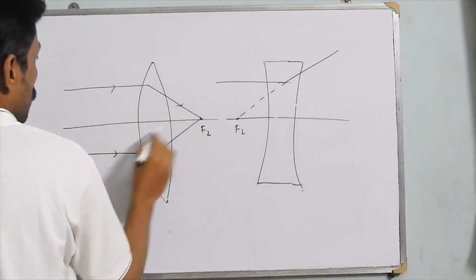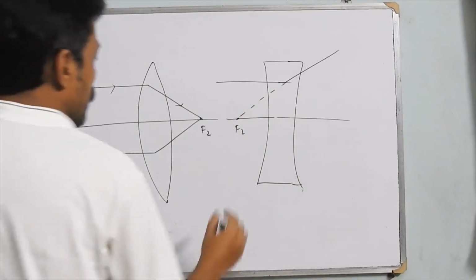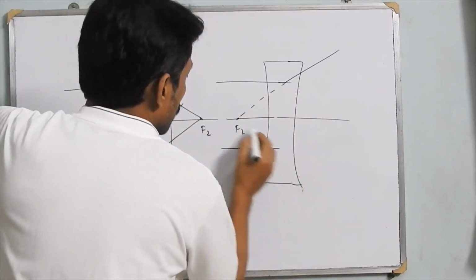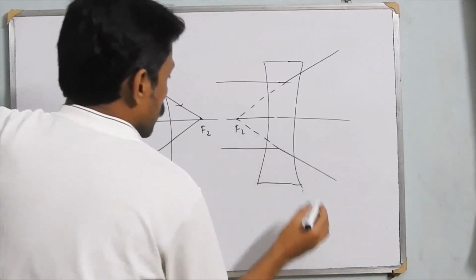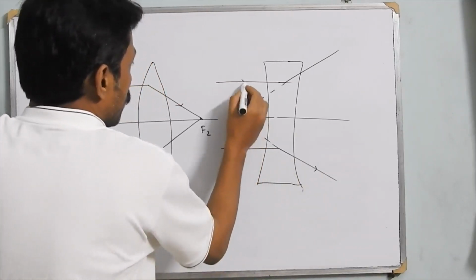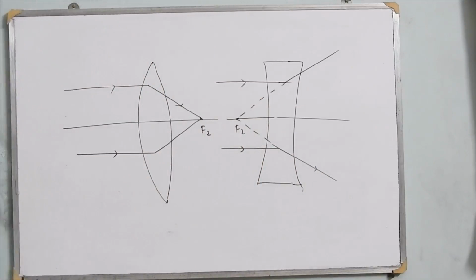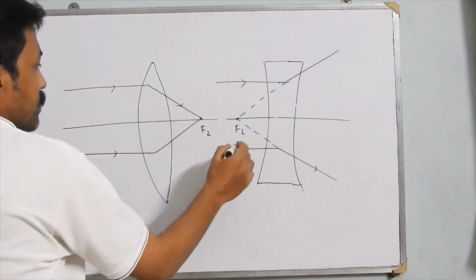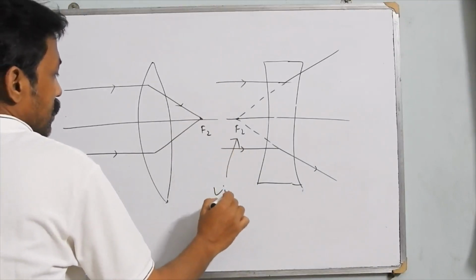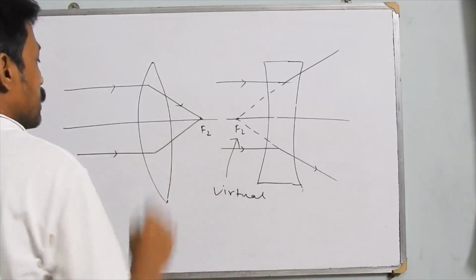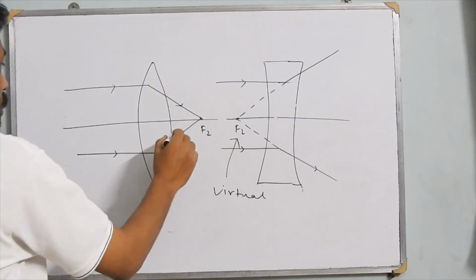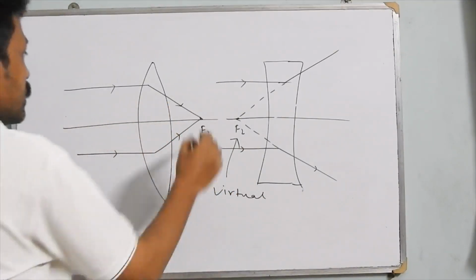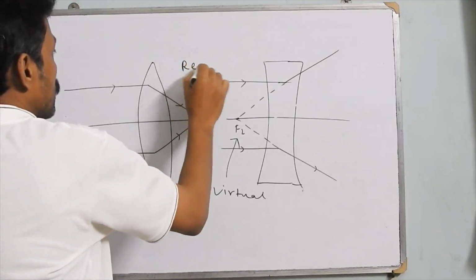Here the rays are actually meeting at the focus and here the rays are appearing to diverge from the focus. So if the focus is on the same side as that of the incident ray, then it is called a virtual focus. Whereas in this case, the focus is not on the side of the incident ray, and so this focus is a real focus.